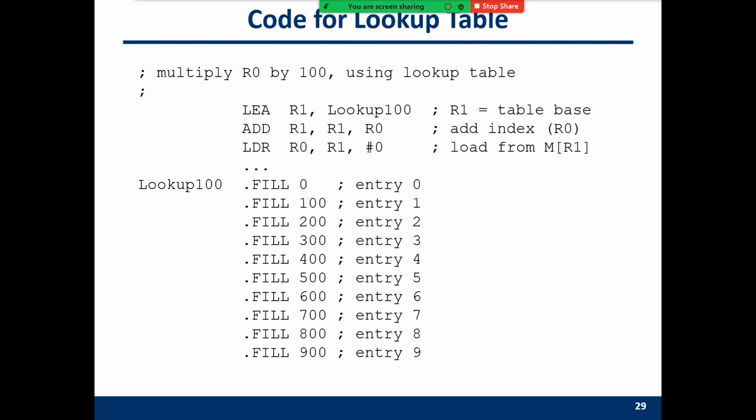If we want to look up the first, here you just add a 0. How do we do the table lookup? We just use the load instruction.